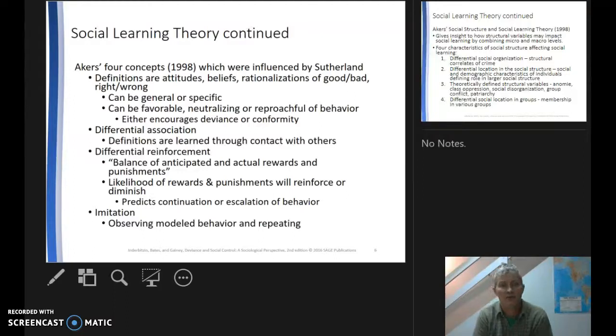We see likelihoods of rewards and punishment will reinforce or diminish types of behaviors. It predicts that the continuation or escalation of behavior will follow suit to what is reinforced by those people that are important to you. And then, of course, imitation, or observing model behavior and repeating it.